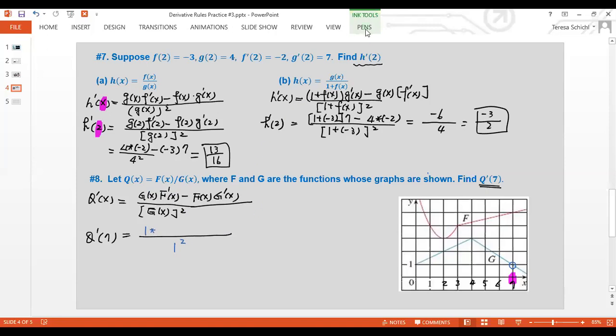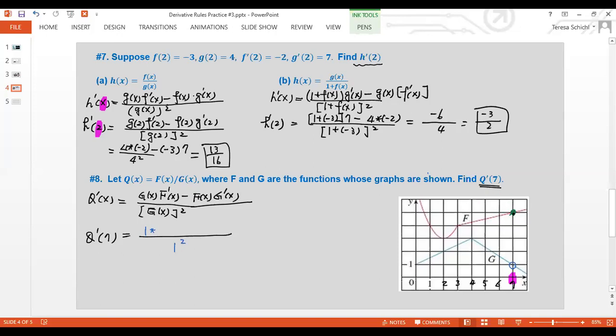So this is F prime at 7. But F prime is a function. What is that? At 7, I need to find the slope, right? The derivative is the slope at 7.